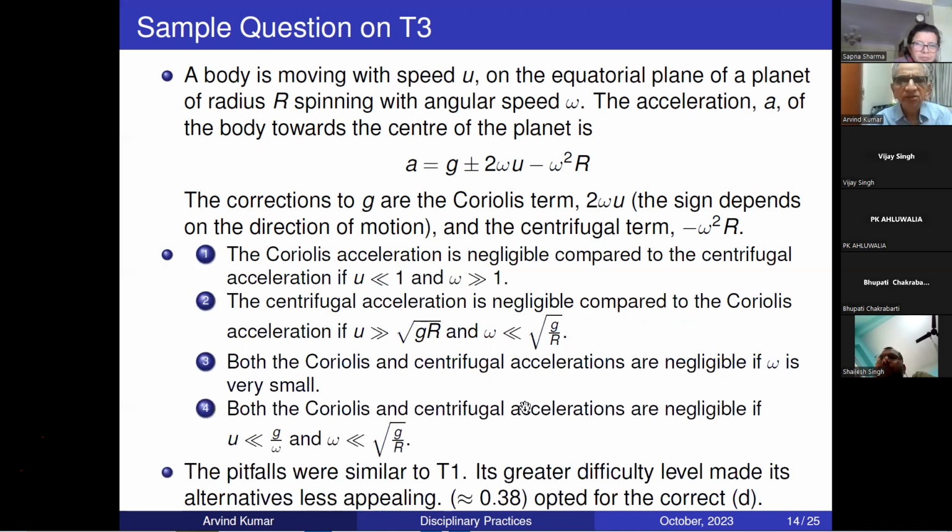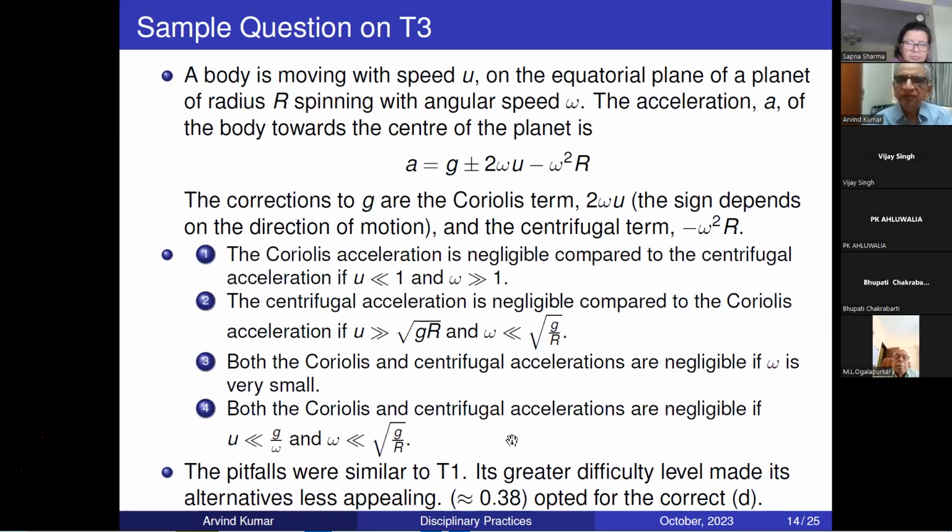And the correct option is D. Both the Coriolis and centrifugal accelerations are negligible if you use this. Now, once again, it is so trivial. To say these two things are small, you just have to compare, get a ratio, and you will get u is less than g by omega, and omega should be this. It should be put in the form where, at least for the Coriolis, u is in your hand, while g, omega and R are not.